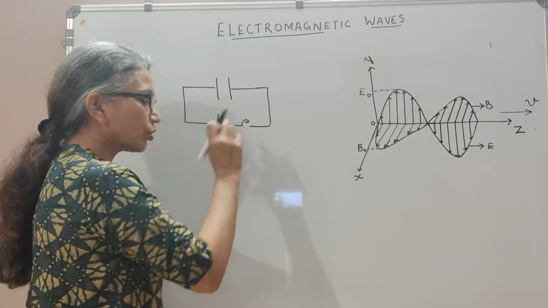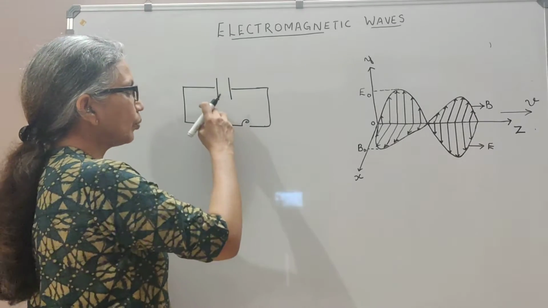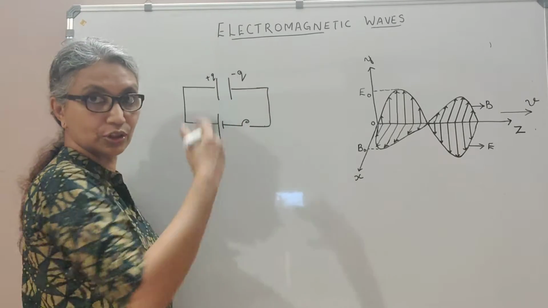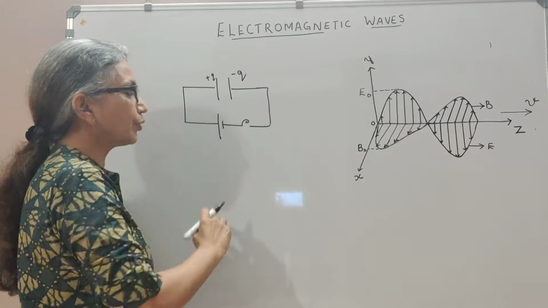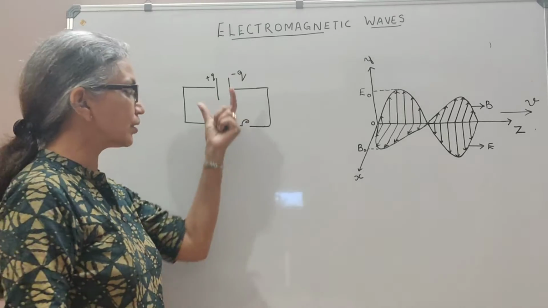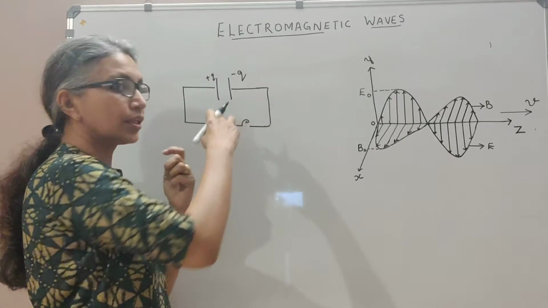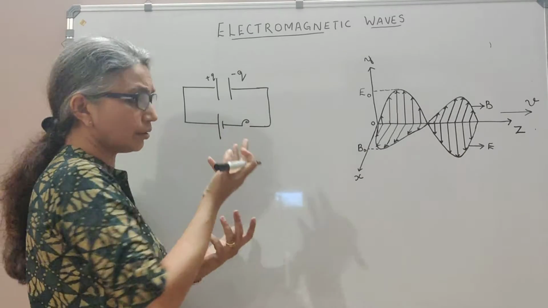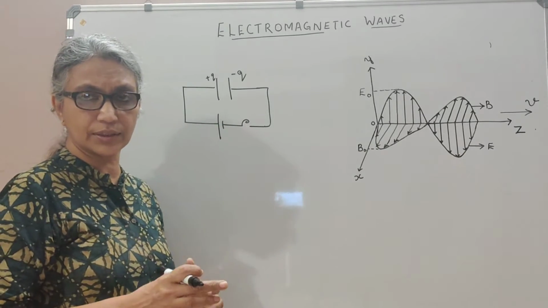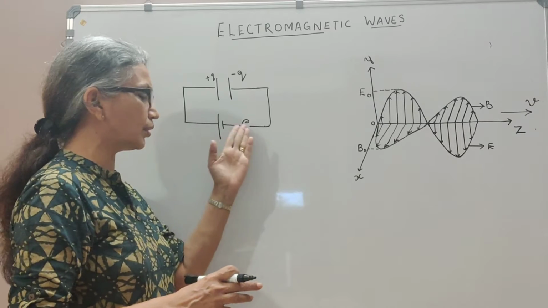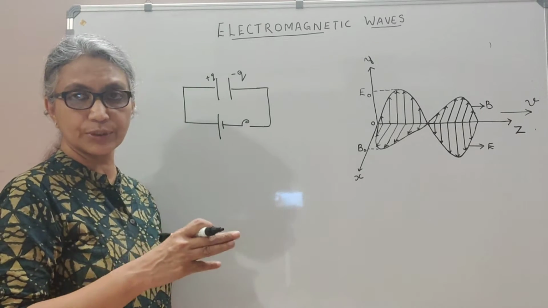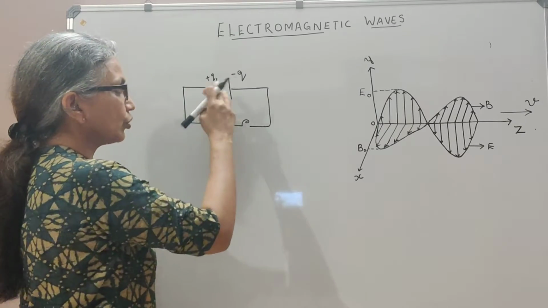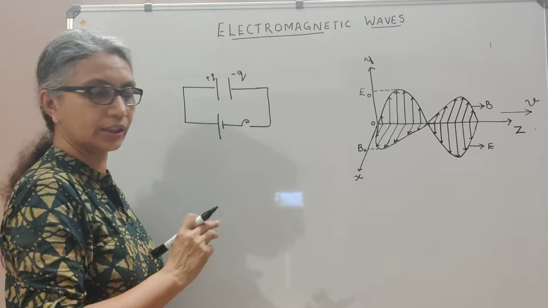Here, when you switch on the key, there will be an increase in the charge on the plates while the capacitor charges. If you switch off the key, then while the capacitor discharges, there will be a decrease in the charge on the plates. So you may connect a source of AC voltage, or you may connect a DC source with a key, so that as you switch on and switch off, as the capacitor charges and discharges, the charge on the plates is either increasing or decreasing.